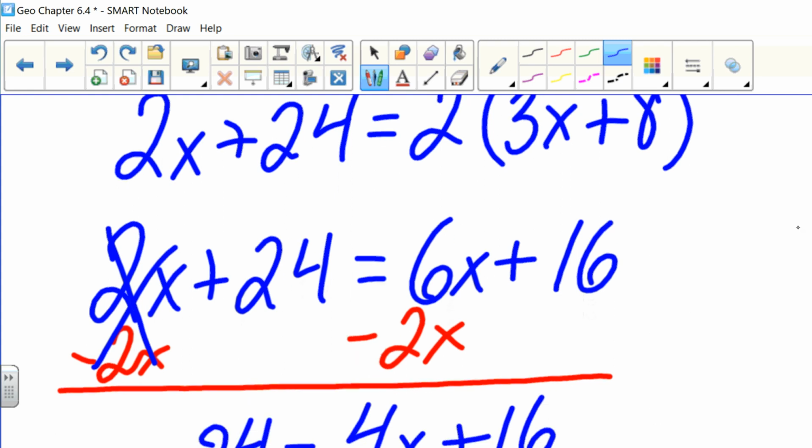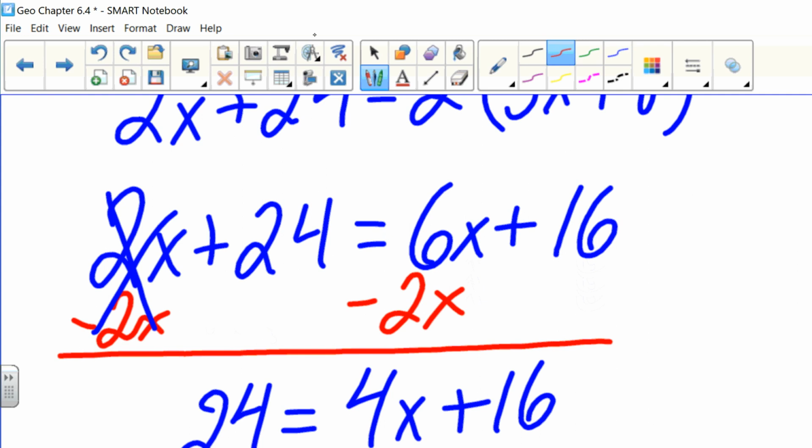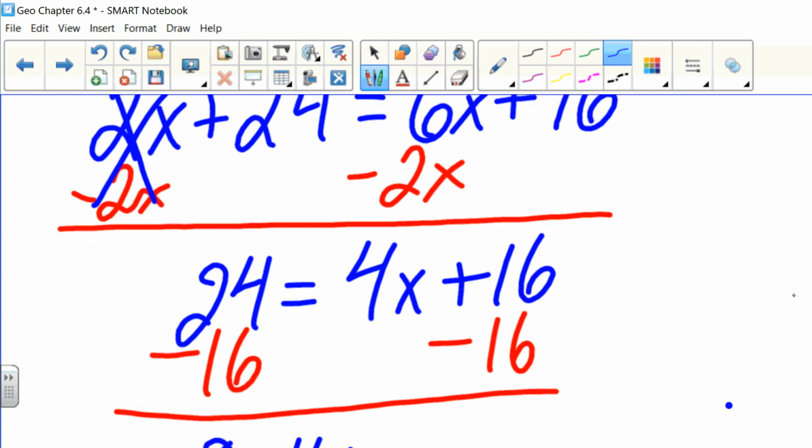And then we can subtract 16 from both sides, which will tell us that 24 minus 16 is equal to 8, so x is equal to 2.